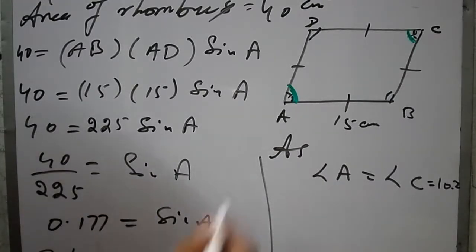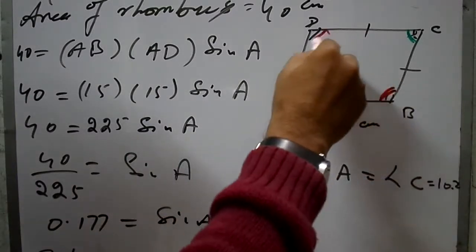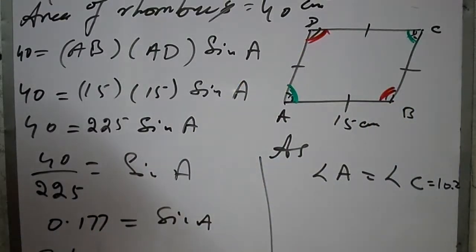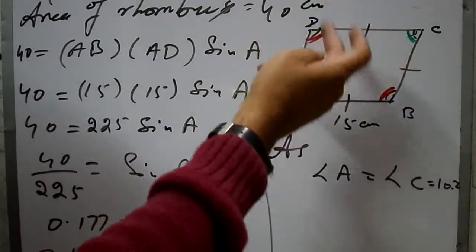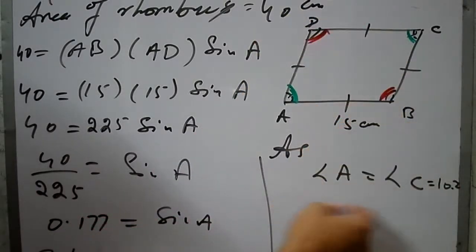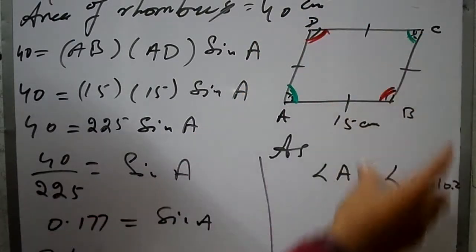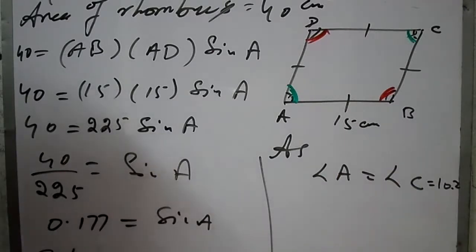So if we calculate angle B, it will be equal to D. A and C are both similar angles, that is 10.2 degrees.